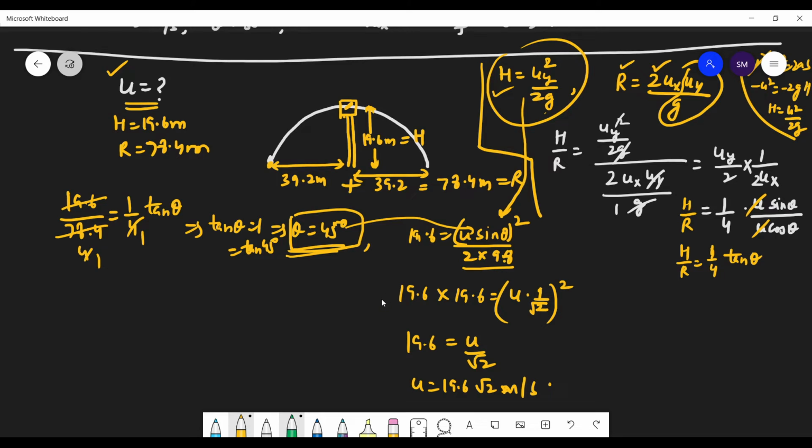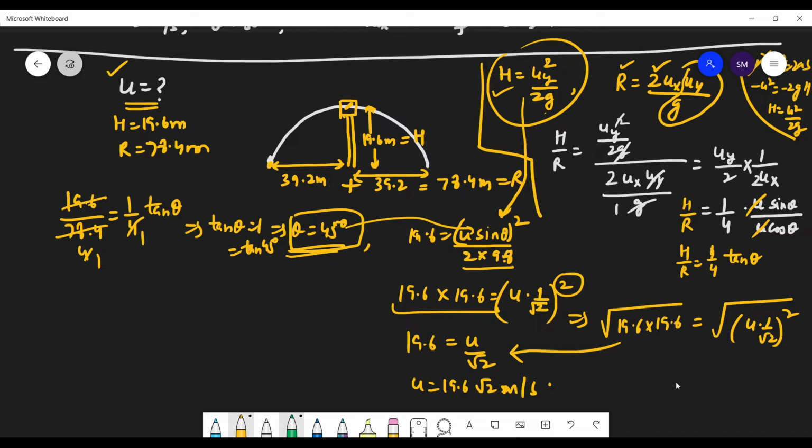नहीं बेटे, स्क्वायर ये हमने स्क्वायर रूट कर दिया ना, ये जो पावर 2 है ये इधर आगे 1/2 हो गई ना, तो जिससे यहाँ ये खत्म हो गया ना. हमने क्या किया, स्क्वायर रूटिंग बोथ साइड्स. 19.6 into 19.6 is equals to square rooting of u into 1/√2 whole square.